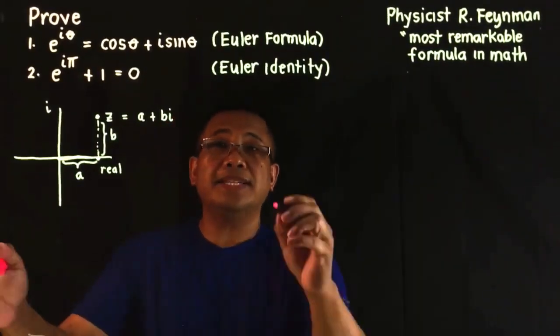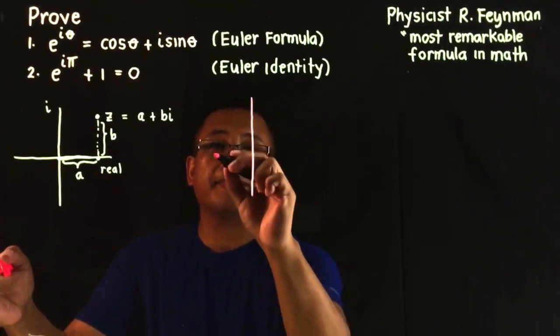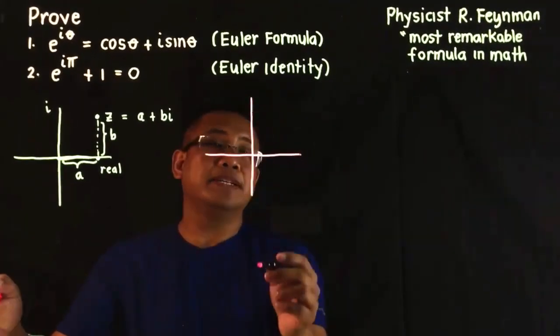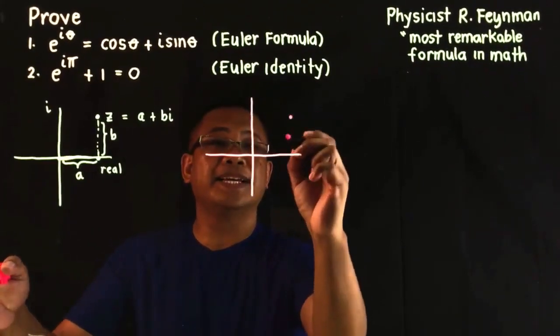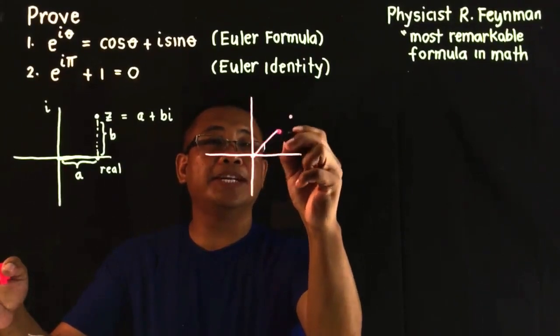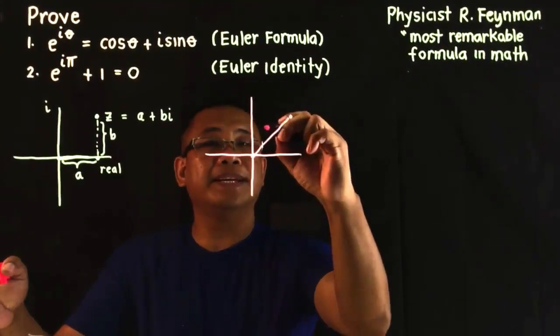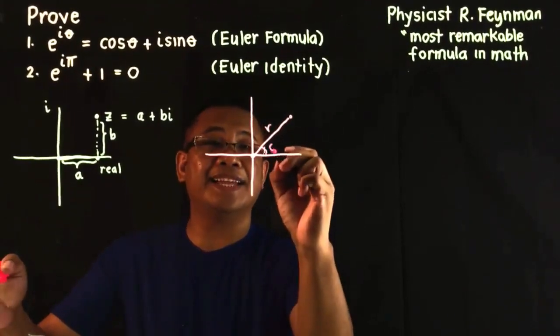Now, let's draw an equivalent complex polar plane. In this polar plane, we represent the number z as the distance from the point of origin to that point, which is the radius r, and the angle theta.